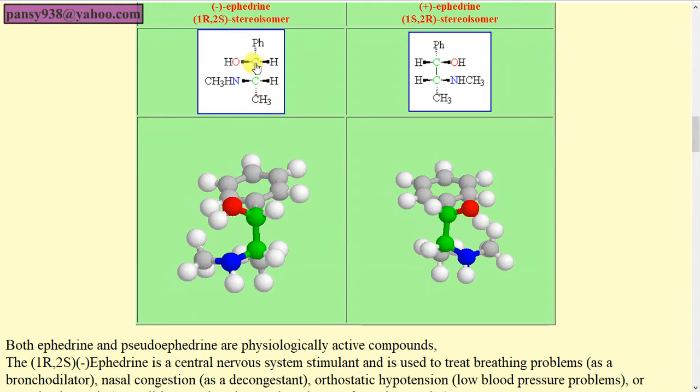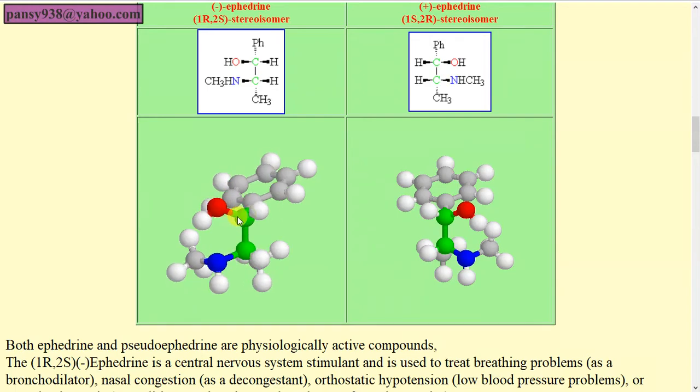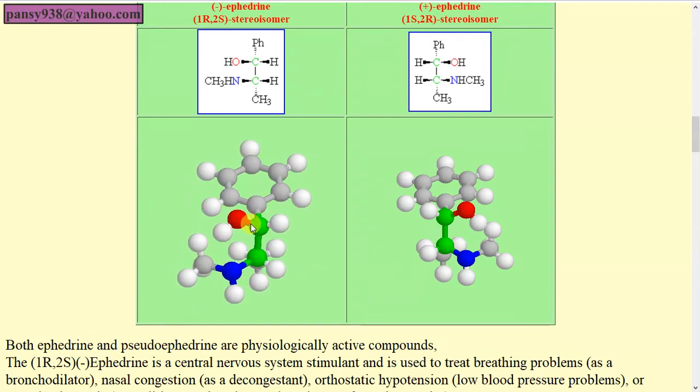This one is the carbon number 1 containing these groups, and this one is the carbon number 2. So both these are mirror images of each other. You can see very clearly in 3D models that they are mirror images of each other.